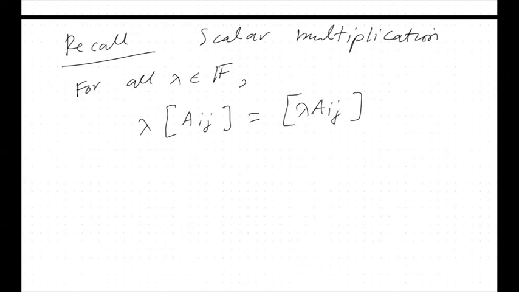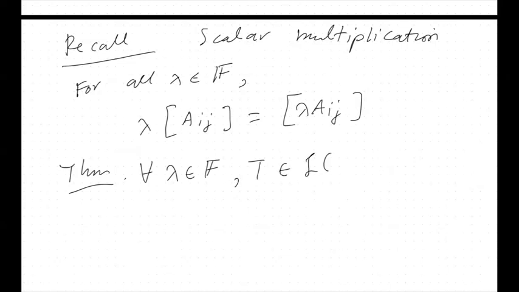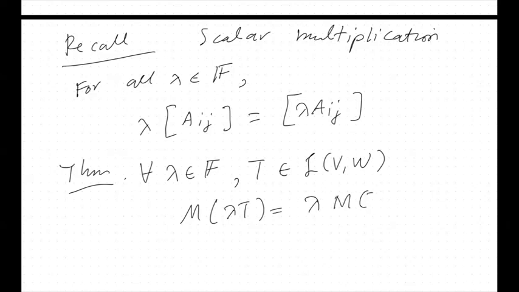You just multiply component by component all the components with lambda. The associated result is the following: lambda in F, and T a linear map from V to W, the matrix of lambda T is equal to lambda times the matrix of T.